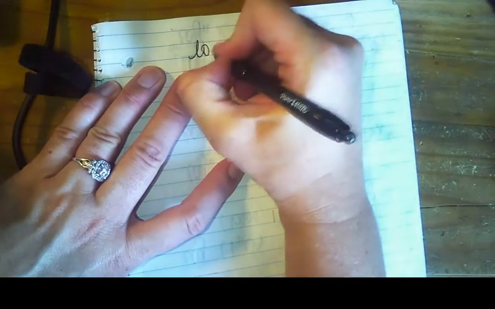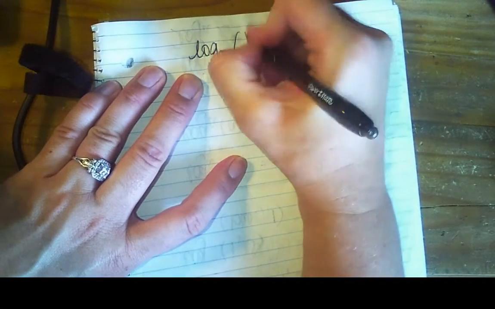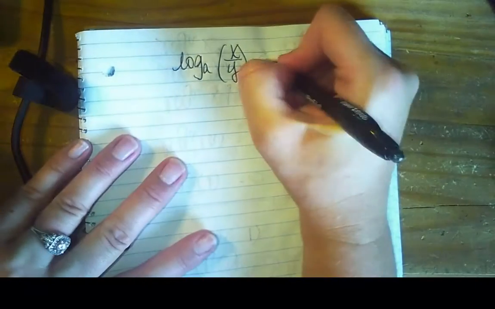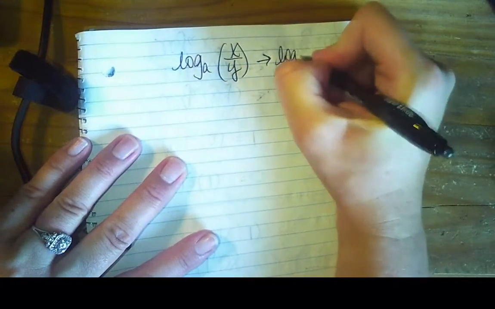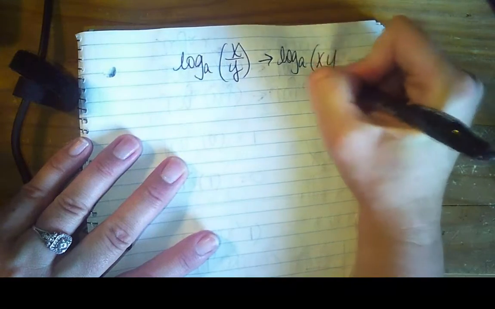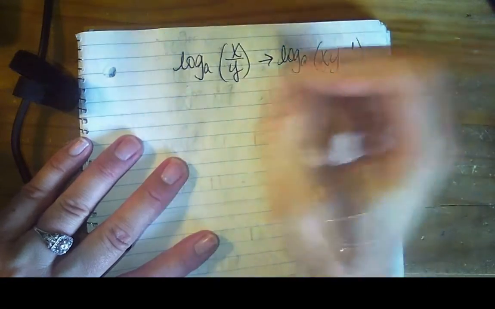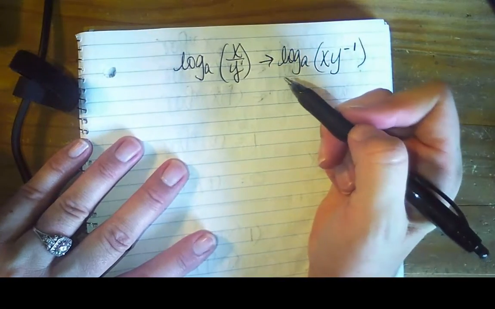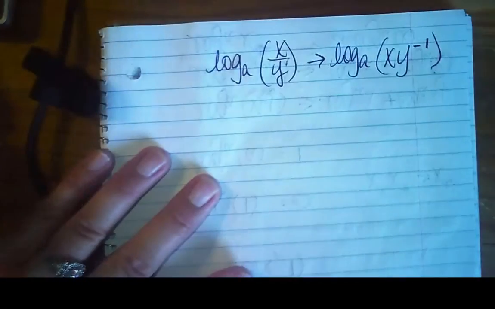Okay, so another one is going to be division, and it goes along the same lines. So if I've got log base A of x over y, I'm going to show you why it works first. I can bring that up, and I can say log of xy to the -1. Remember, this has an exponent of 1.